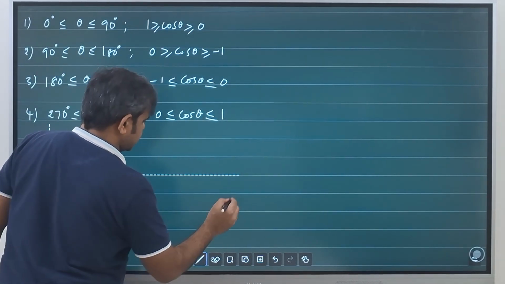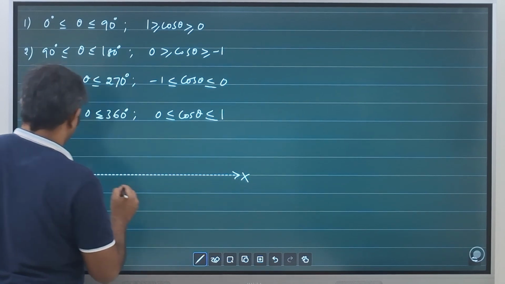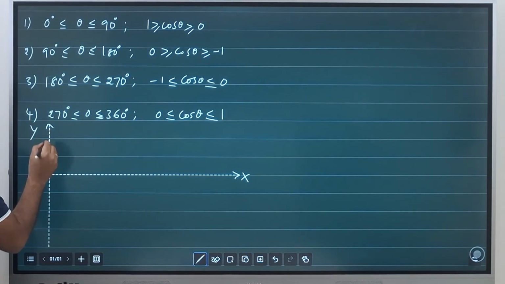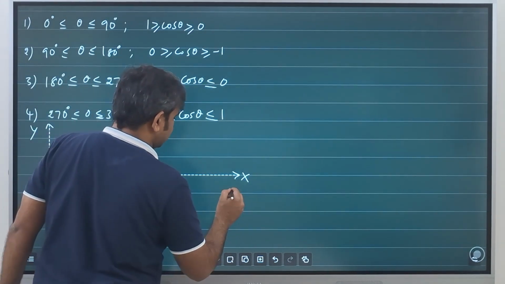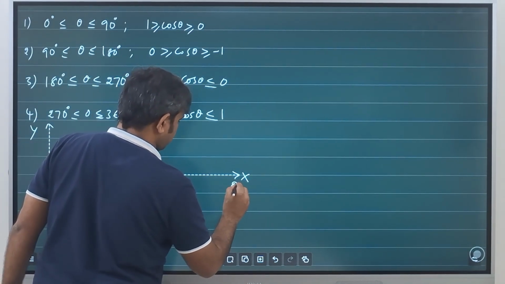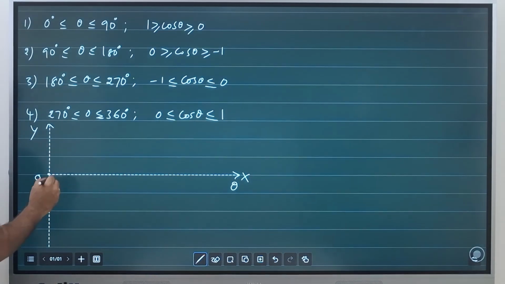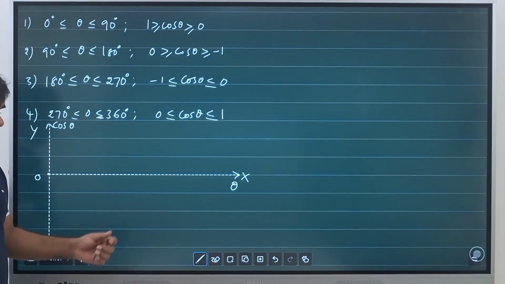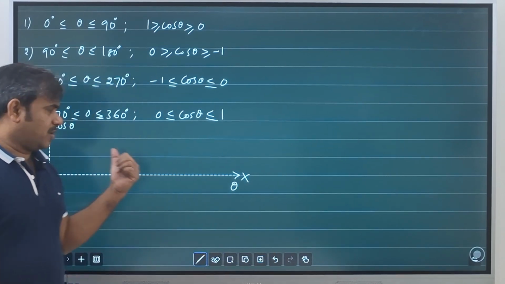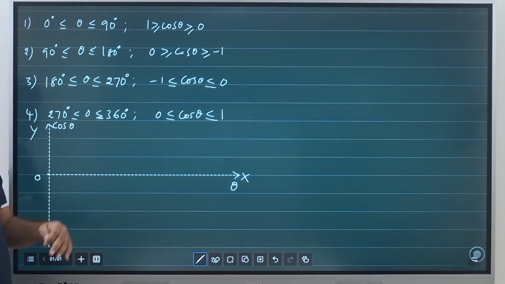Let's say these are the x-axis and y-axis. This is the origin of the coordinate system. On the x-axis you have theta. On the y-axis you have cos theta. We are studying graphically how cos theta is changing as theta is changing.